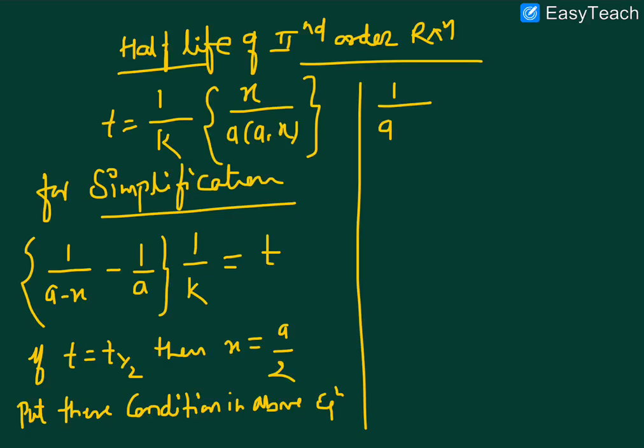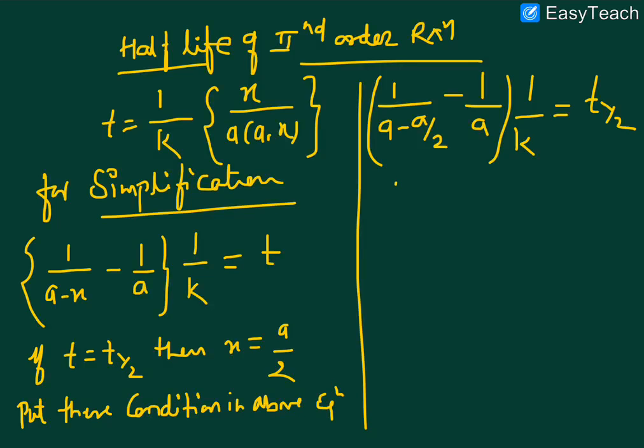1 upon a minus a by 2 minus 1 by a, into 1 upon k, is equal to t half. When a by 2 is subtracted from a, then remaining is 1 upon a by 2 minus 1 upon a, into 1 upon k, is equal to t half.